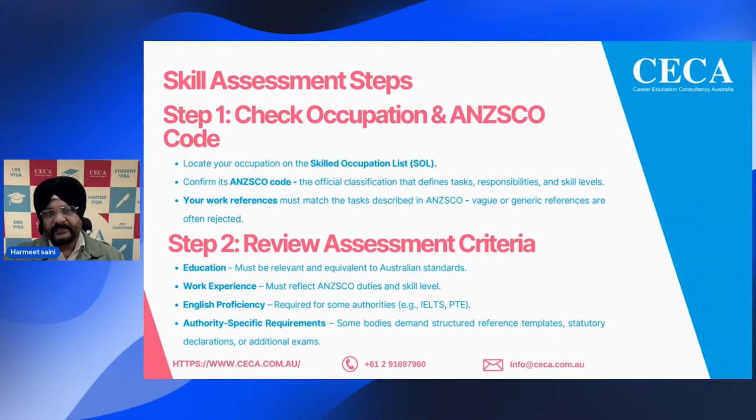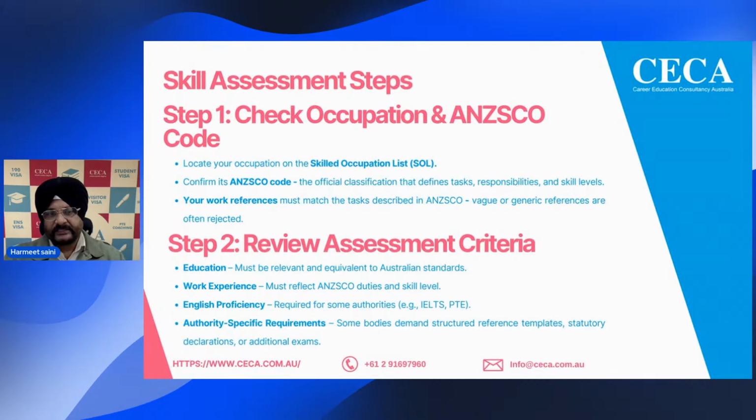The criteria is that you select your occupation on the skilled occupation list according to your work experience and your qualification. The next step is to find out the ANZSCO code for that particular occupation, and your work experience must match the guidelines provided by ANZSCO. So this is the first step. It is pretty common for all assessing authorities.